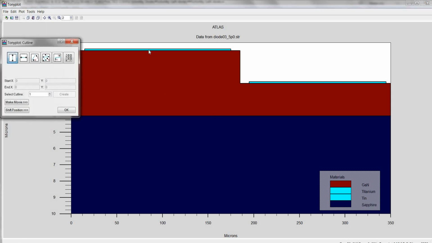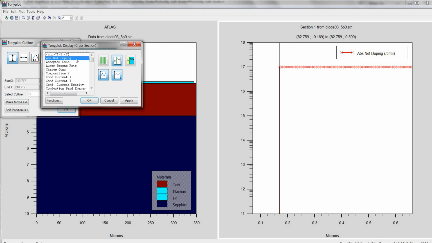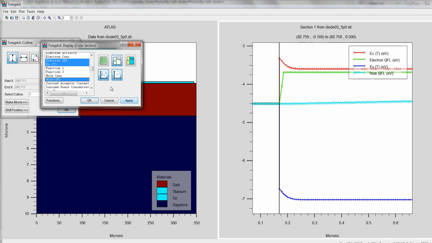Let me show you the energy band diagram of this structure at 4.5 volts. Display. I'm interested in the conduction energy level, electron quasi-Fermi level, valence energy level, and hole quasi-Fermi level. Since this is just an n-type semiconductor, we only want to look at the electron quasi-Fermi level.